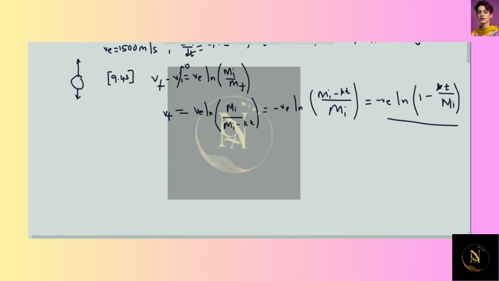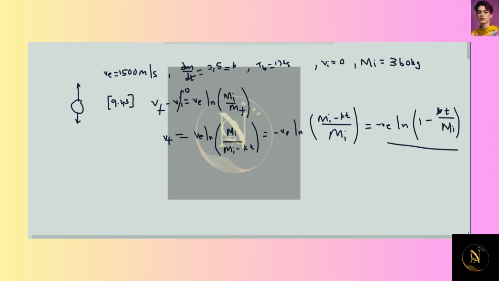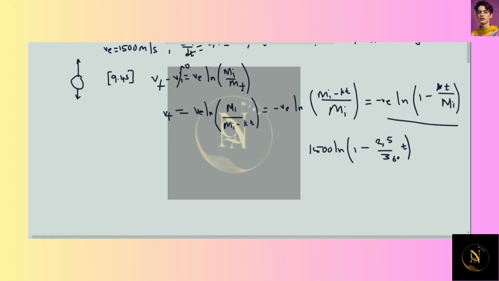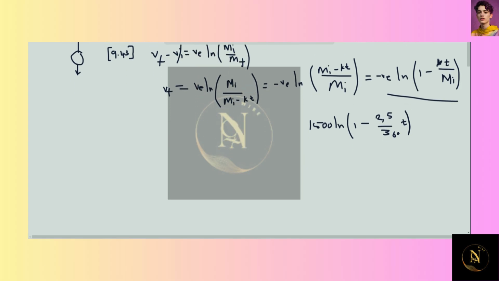You substitute all the values: you know K, you know Mi, and you know VE. So you're going to have an expression that looks like 1500 natural log of 1 minus 2.5 over 360 times t.